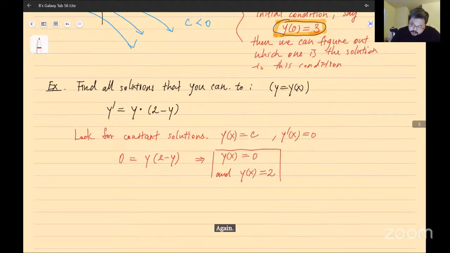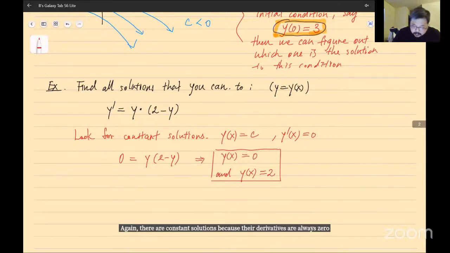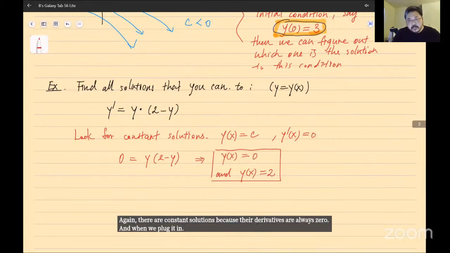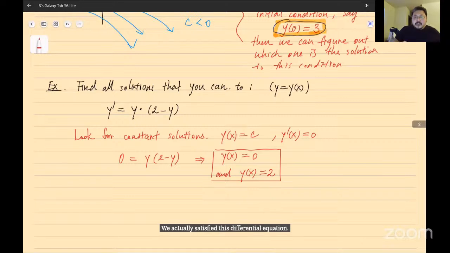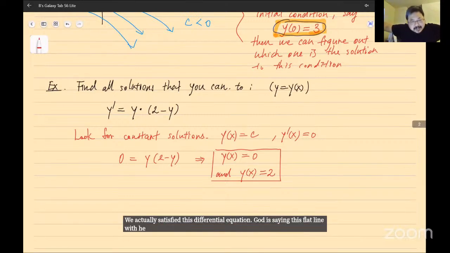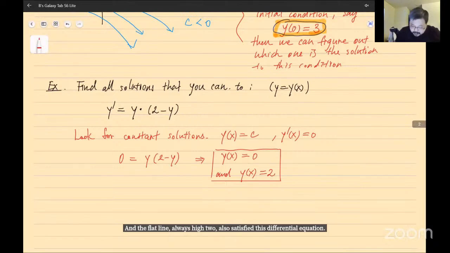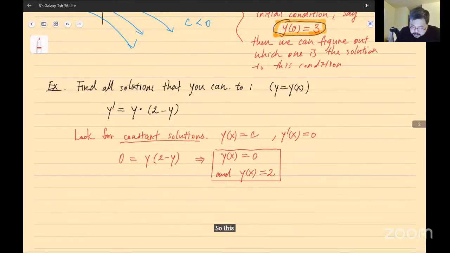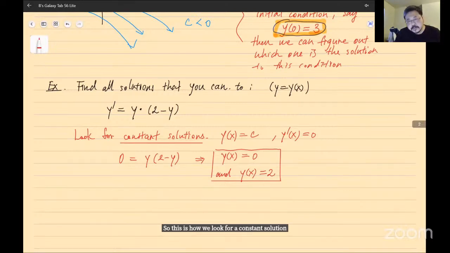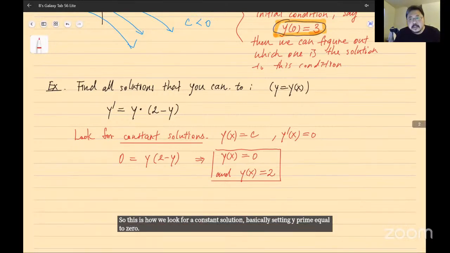They're constant solutions because their derivatives are always 0, and when we plug them in, we satisfy this differential equation. That is to say, the flat line with height 0 satisfies this differential equation, and the flat line at height 2 also satisfies it, right? So this is how we look for constant solutions, basically setting y prime equal to 0. So far so good, yeah?